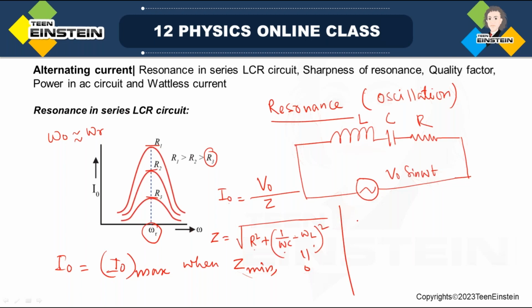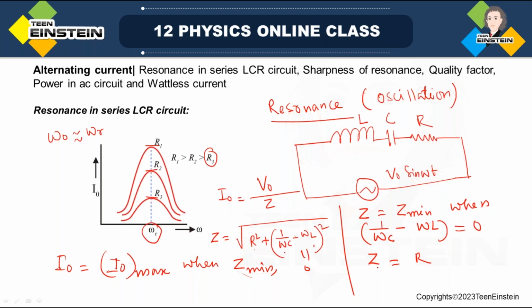So Z will be minimum when 1 over omega C minus omega L, this term in the impedance, becomes 0. Then Z will be simply R. Okay, Z will be simply R.